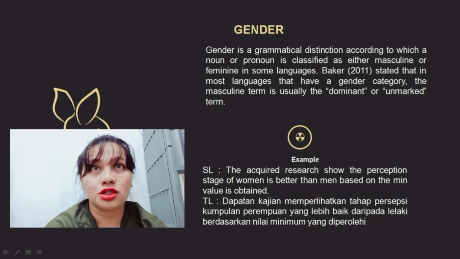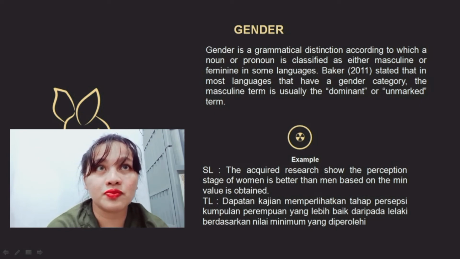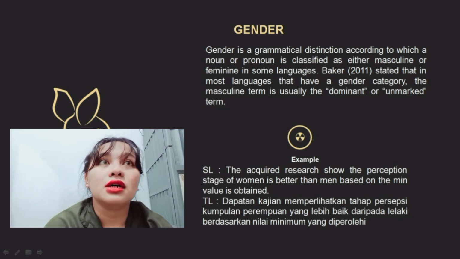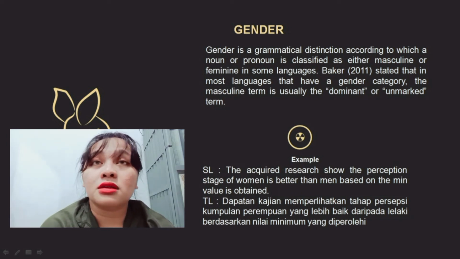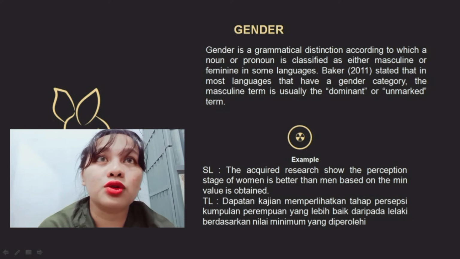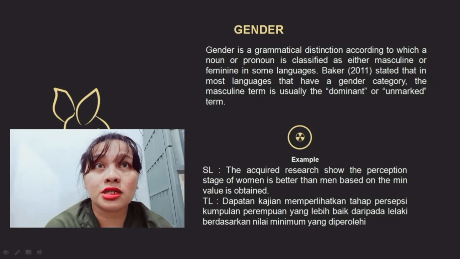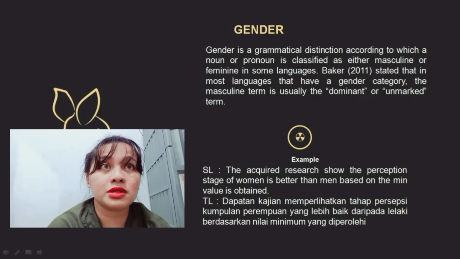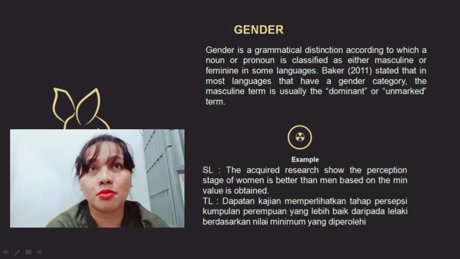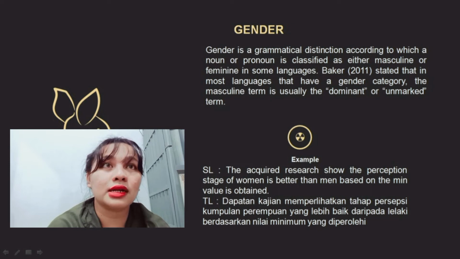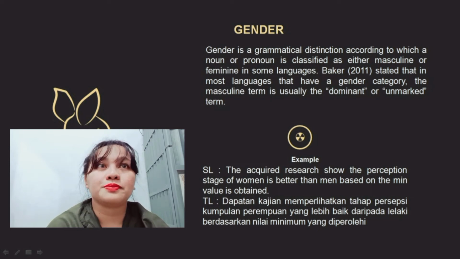The source language: the research shows the perception stage of women is better than men, based on the mean value obtained. The target language: dapatan kajian memperlihatkan tahap persepsi perempuan-perempuan yang lebih baik daripada laki-laki berdasarkan nilai minimum yang diperoleh.